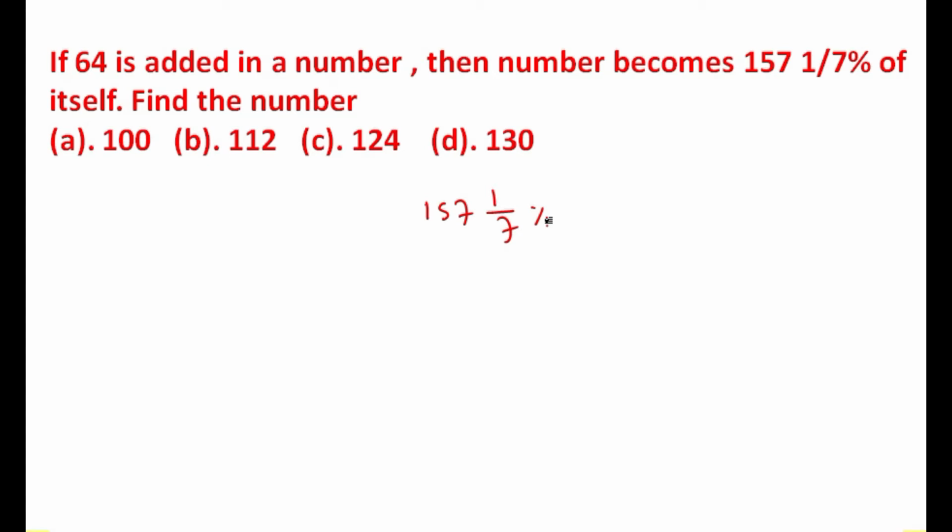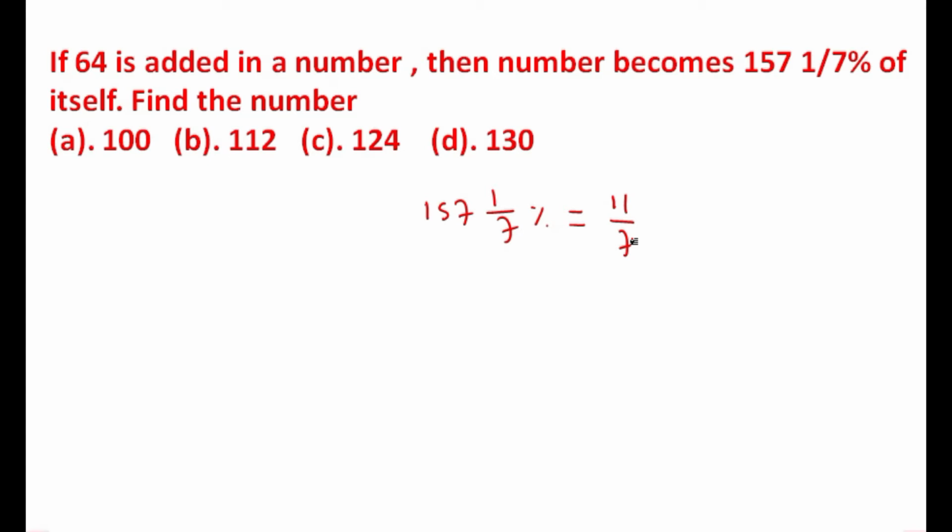I have already told you that 157 1 by 7% means it is 11 by 7. If you do not know how this 11 by 7 came, please watch my previous video, that is part 1. I have already explained very clearly how to convert any percentage into a fractional form and fraction into a percentage form.